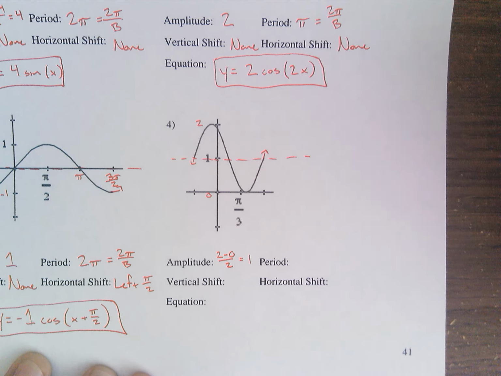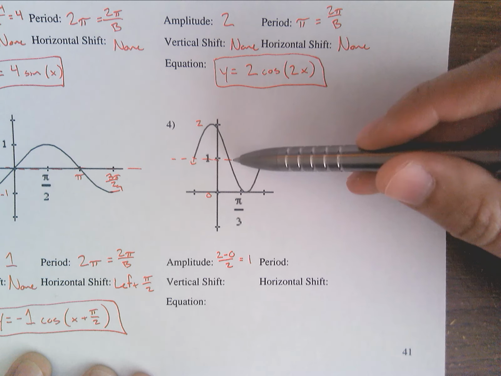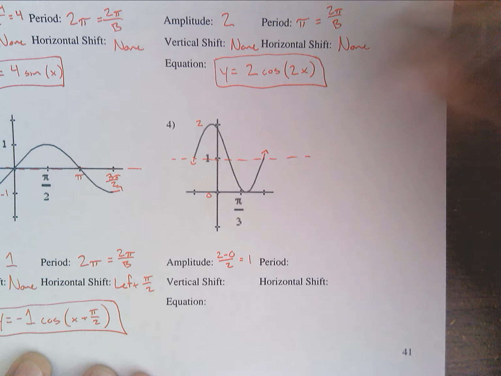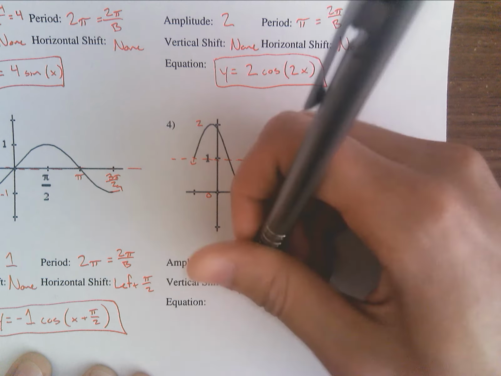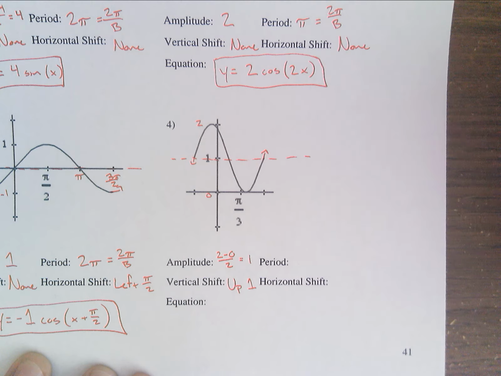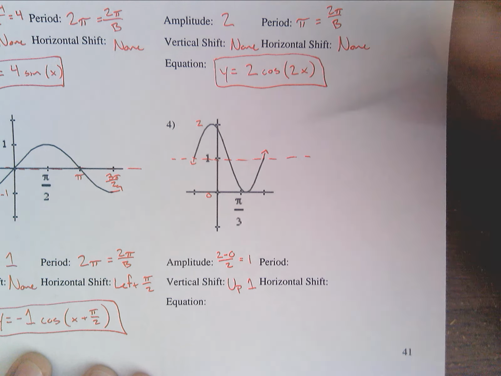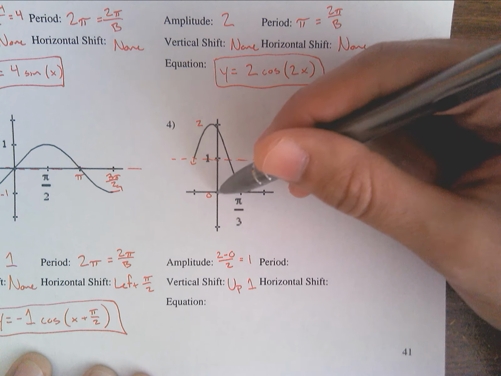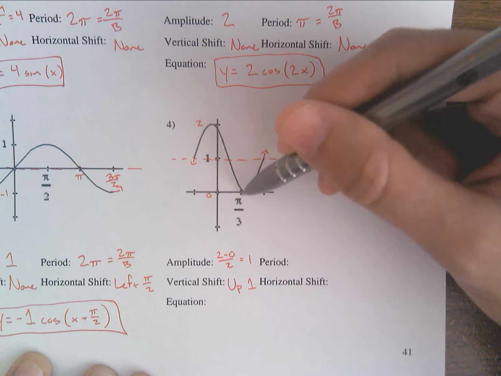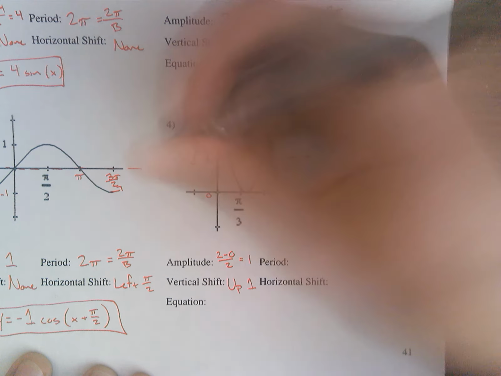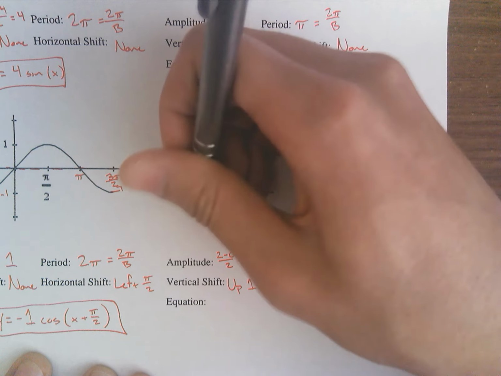Our vertical shift, it affects our midline. So how much vertically is our midline shifted? Well, we go up 1. So our midline has the equation y equals 1. Our period, let's take a look at our x values now. This is 0. If one mark is pi thirds, then in the negative direction, we must be at negative pi thirds.